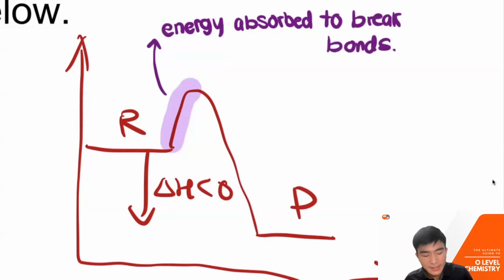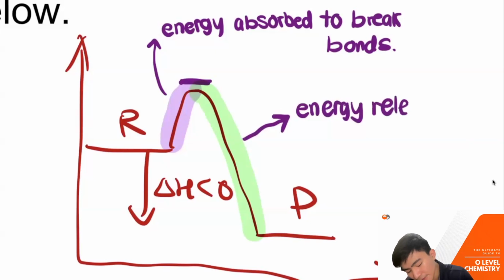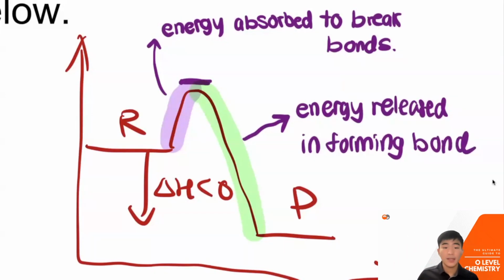Once the roller coaster has come to the top, it's going to prepare to go down. This energy in green color is the energy that is released in forming bonds, or making the bonds.